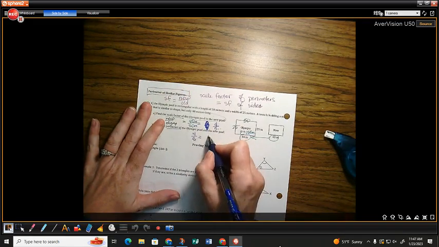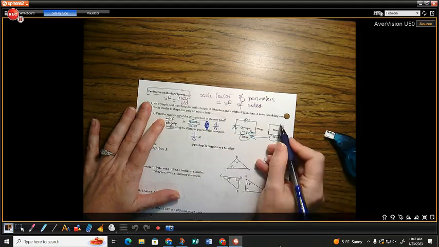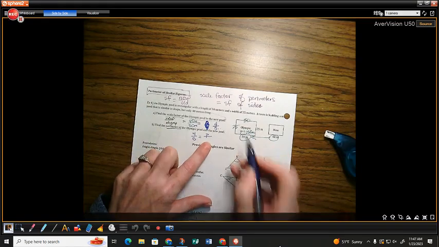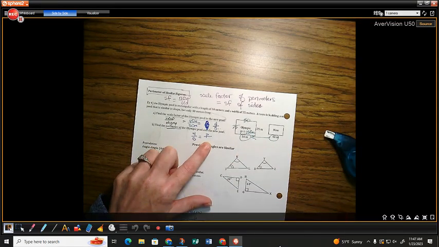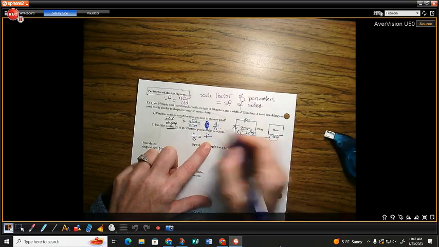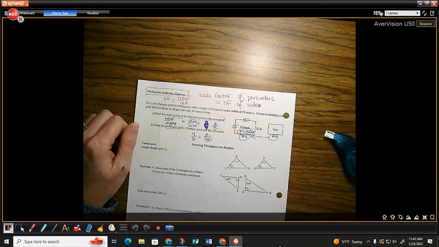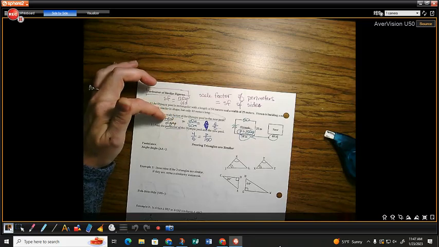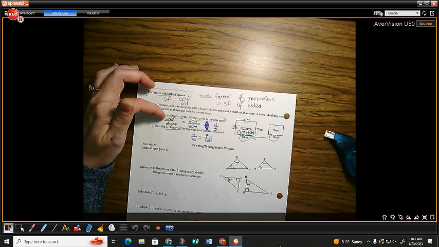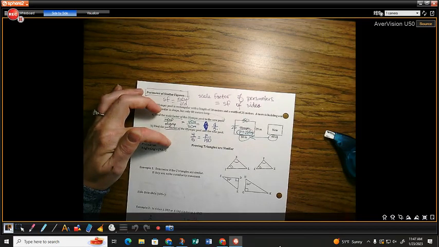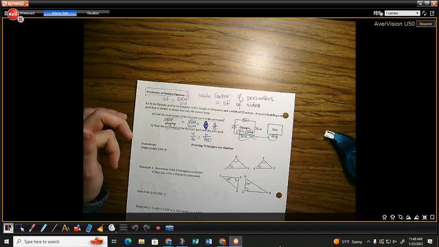So do I know my new perimeter? Nope. Do I know my old perimeter? Yes, it was 150. So I can use the scale factor I found from just doing the sides to set up finding my perimeters, because they have the same scale factor.